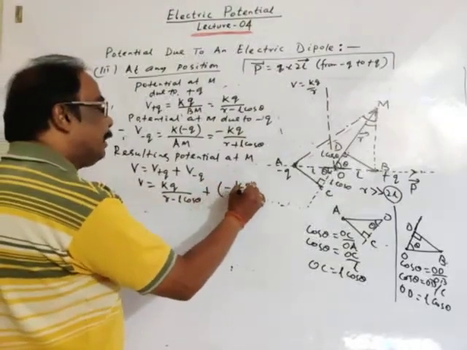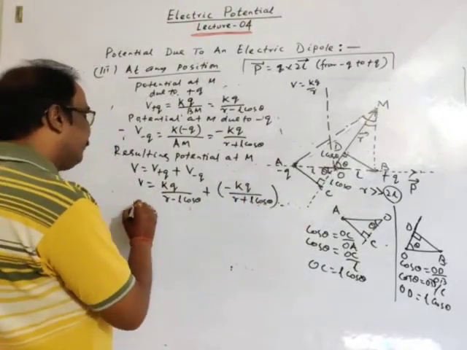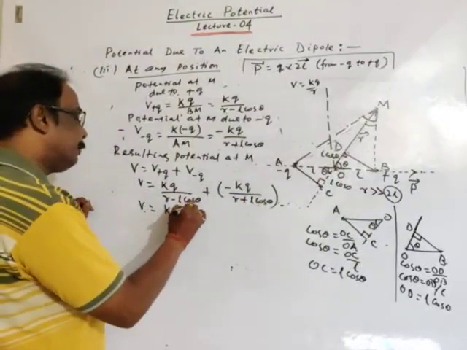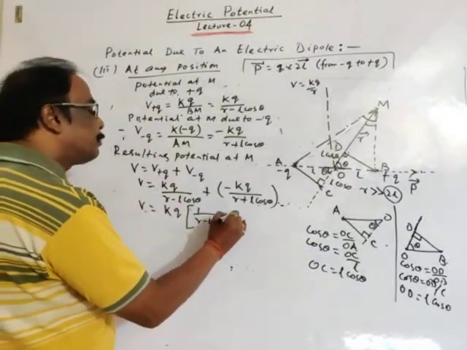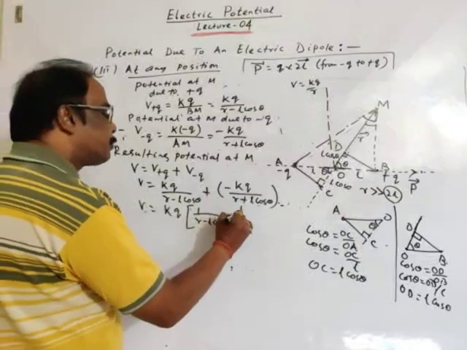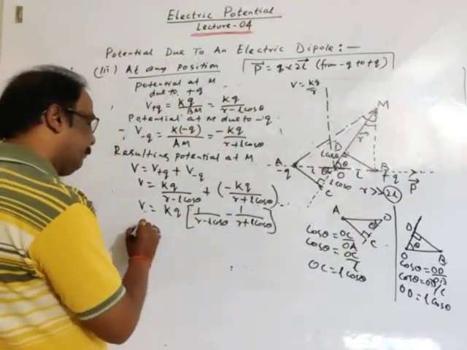the negative charge minus q, minus kq divided by r plus l cos theta. Then the resulting potential is kq, bringing it common, 1 divided by r minus l cos theta, minus 1 divided by r plus l cos theta.